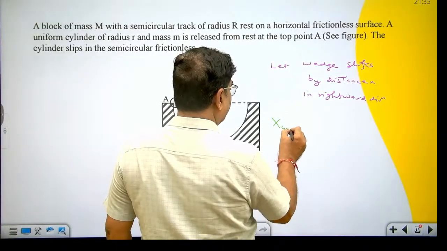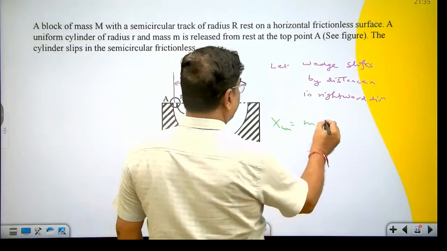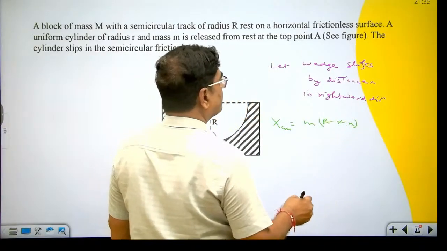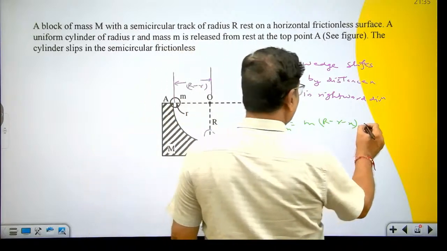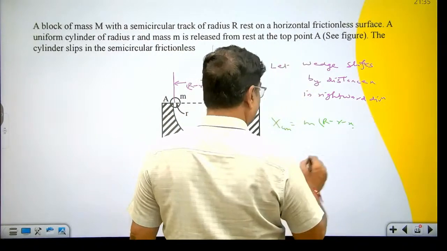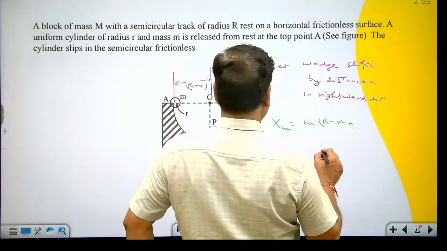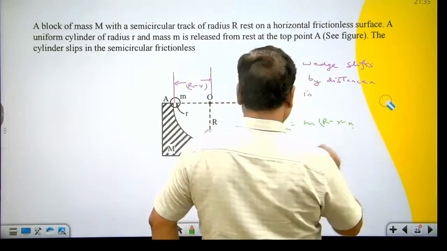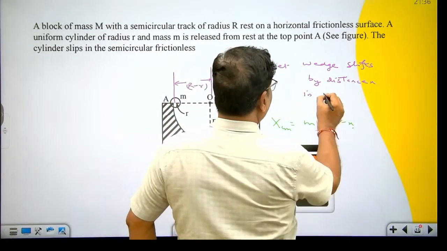What is x cm? m1 x1. This is m into (R minus r) minus x. Let us assume this to be in the leftward direction.